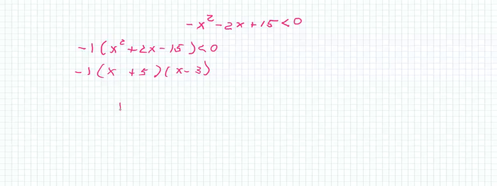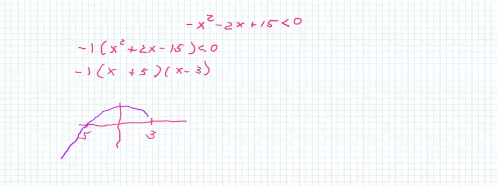And so when we graph this, we're at negative 5, positive 3. And because it's negative, the graph opens down. And we want to know, where am I less than 0? Well, here, the y-coordinates are less than 0.